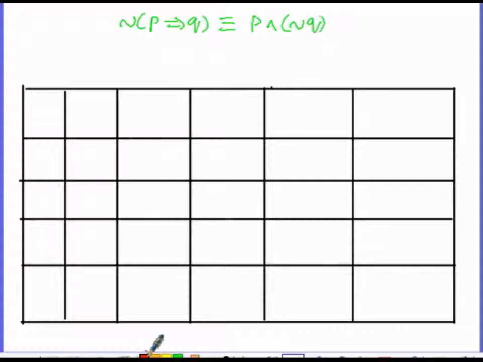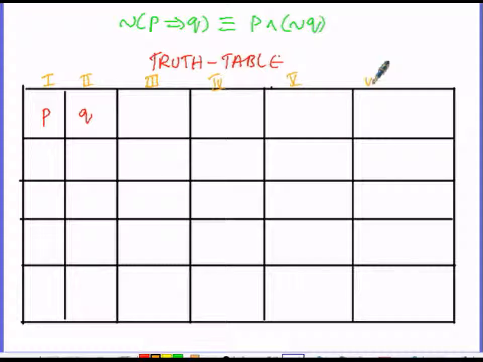The truth table for this condition needs two statements, one as P and the other as Q. Under column number 1 and column number 2, I am going to assume the two statements, P and Q, and the remaining columns are 3, 4, 5 and 6.